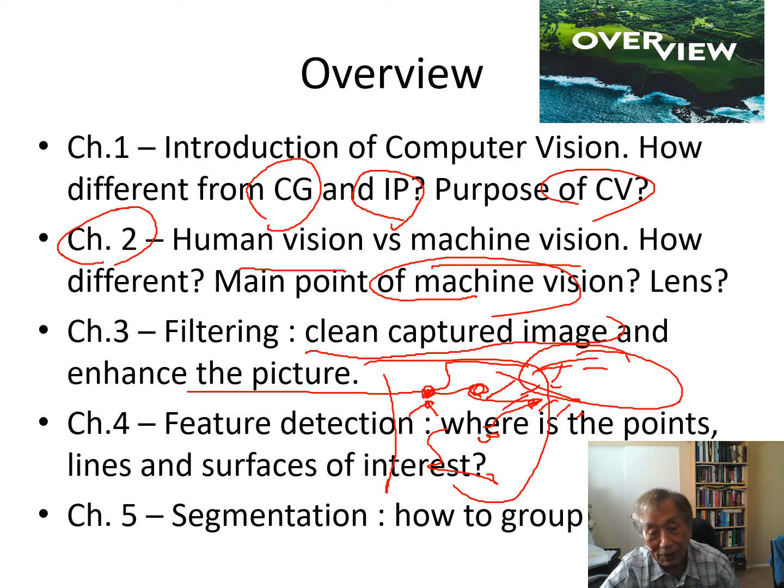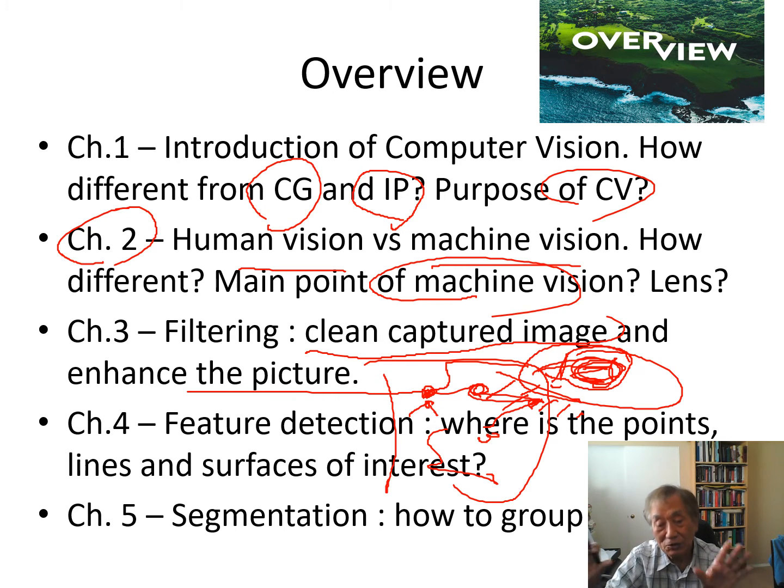So we talked about the point as zero dimension, the line as one dimension, and then the area or region as the two-dimensional entities. Actually, that's all we do, because as I said, the picture we capture by camera is always two-dimensional, so that's the maximum we can go.